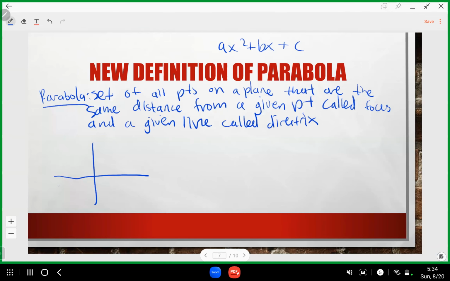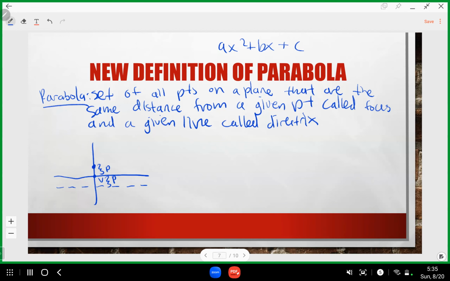We have the directrix here. That is a given line. And we have the focus here, which is a given point. This is the vertex. So immediately, you notice a couple of things. First, the distance of the focus and the directrix from the vertex is called p, meaning that they're equidistant from the vertex, and the vertex is basically the midpoint between the focus and the directrix.